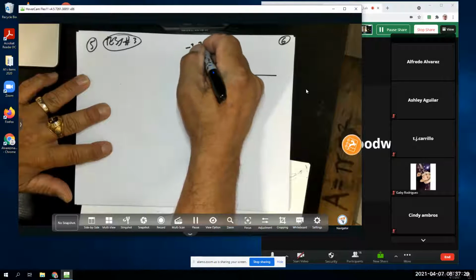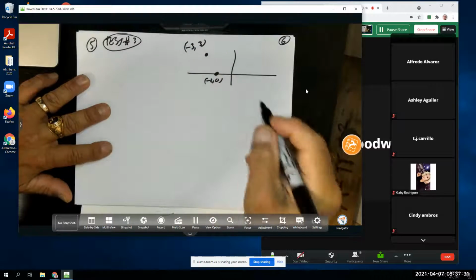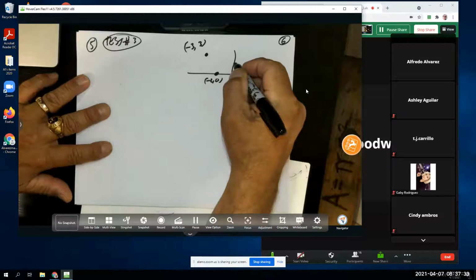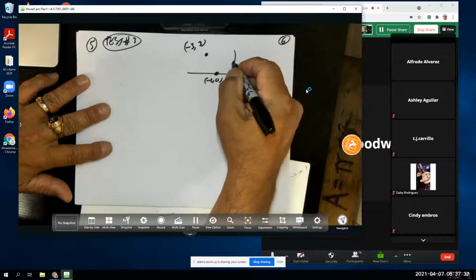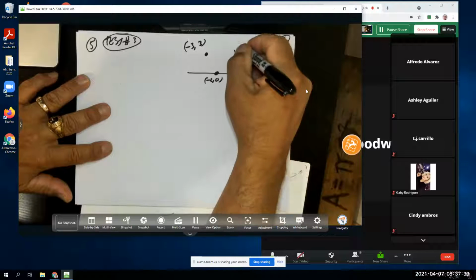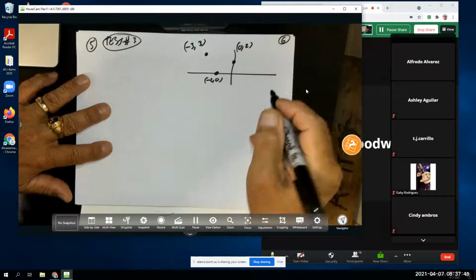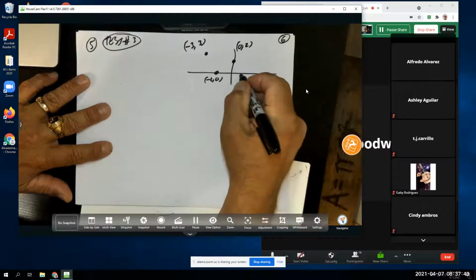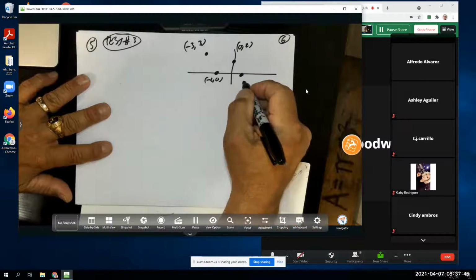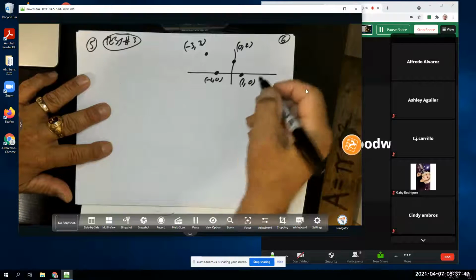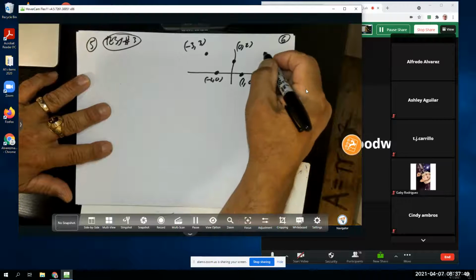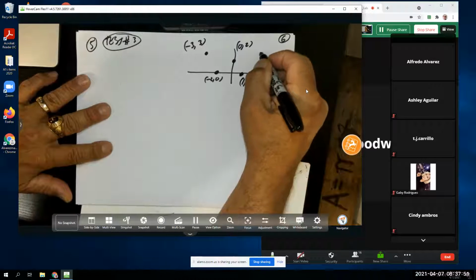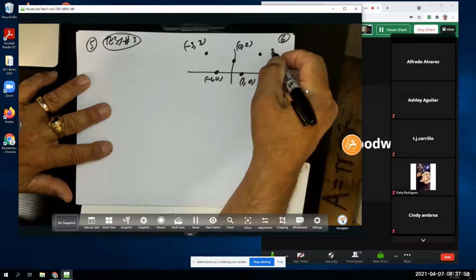And then it has some dot right here also. This one is 0 and 2. There's another dot over here. This one is 1 and 0. And one more dot over here somewhere. 3, 3.